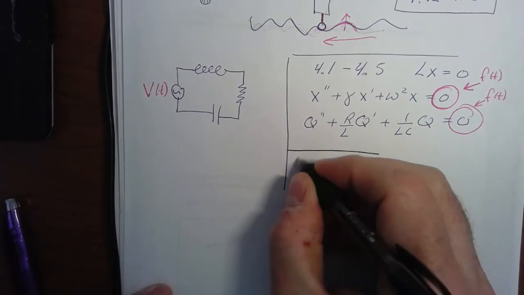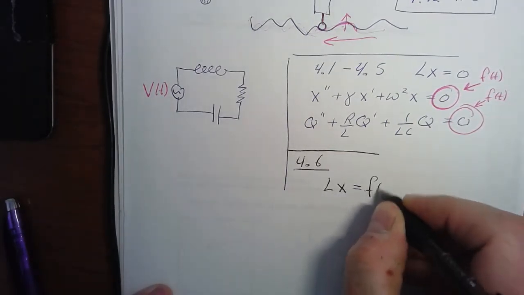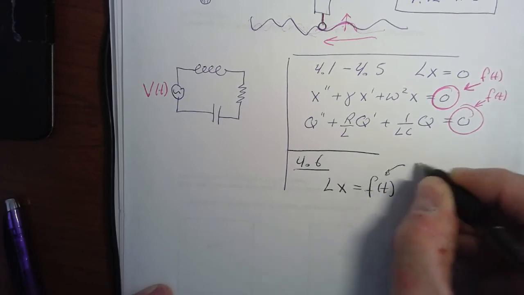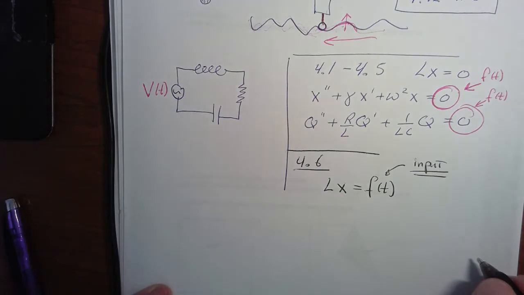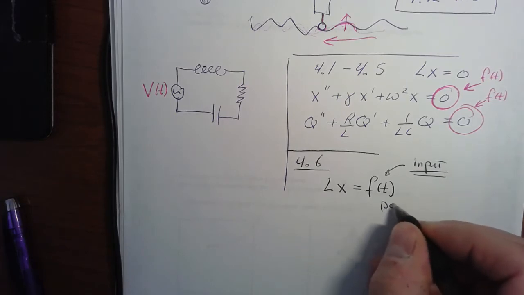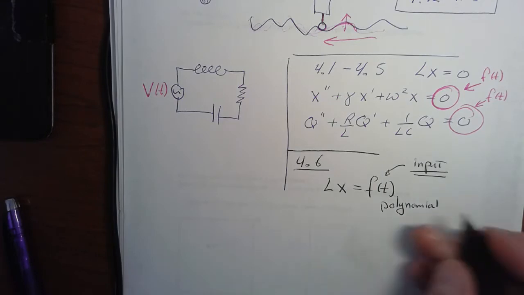So 4.6 is about this equation, and this is the input into our system. And 4.6 is actually only about some special cases. This is the case where f is a polynomial. That includes a constant.